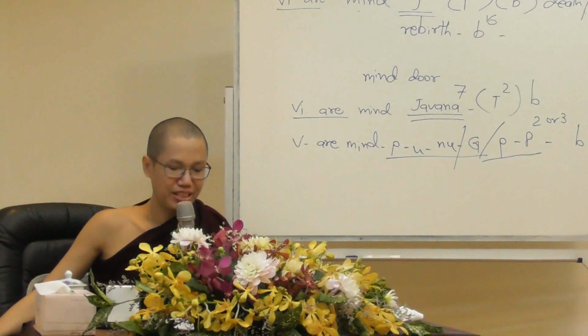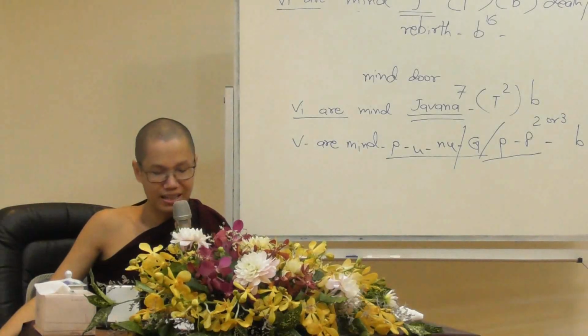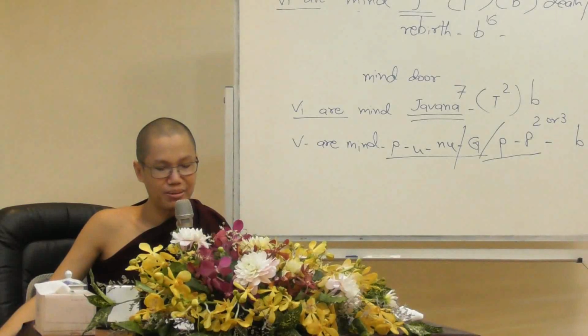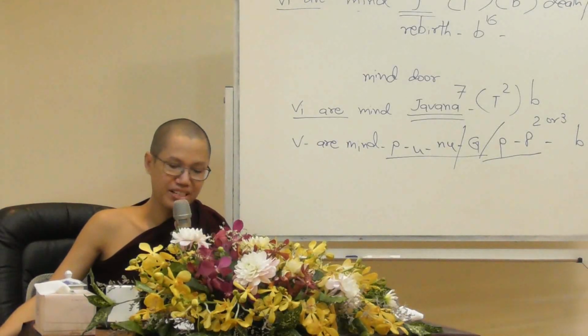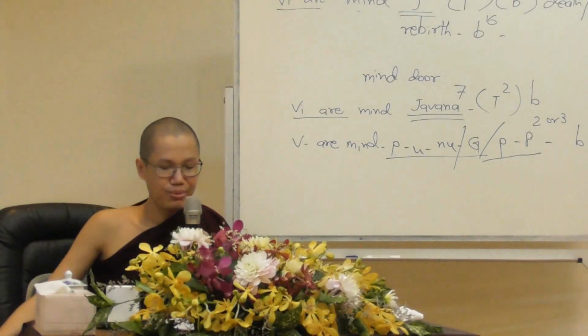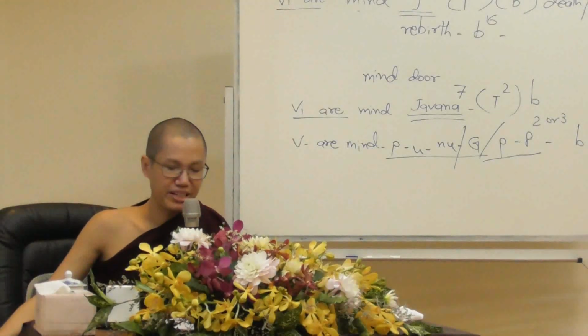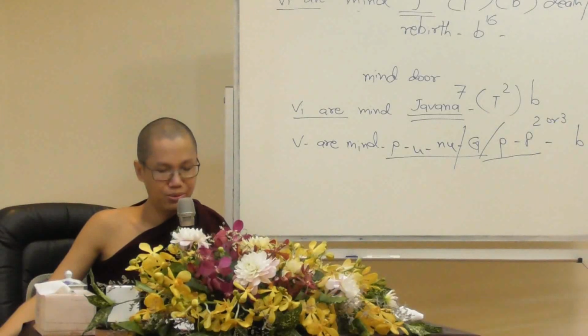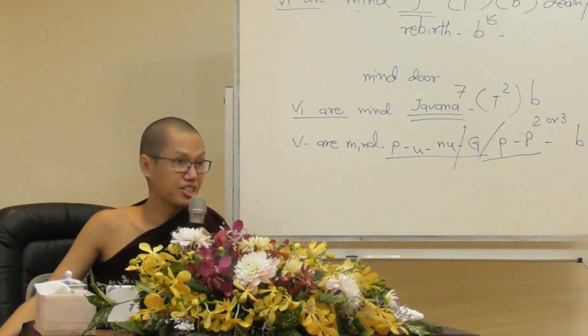So about these eight kinds of worldly dhamma: gain and loss, fame and disrepute, blame and praise, happiness and suffering. Whoever stays in the world may encounter these conditions.